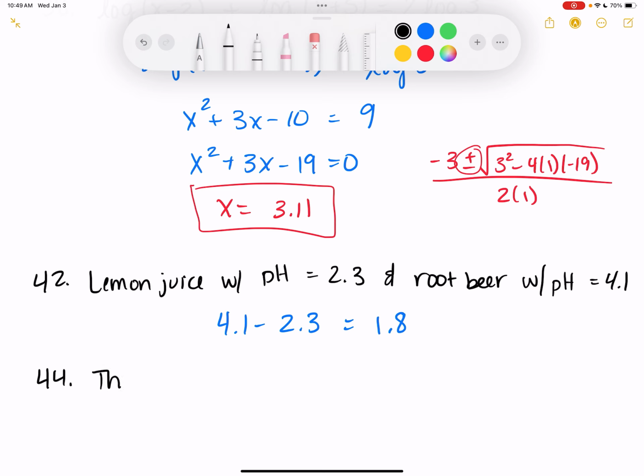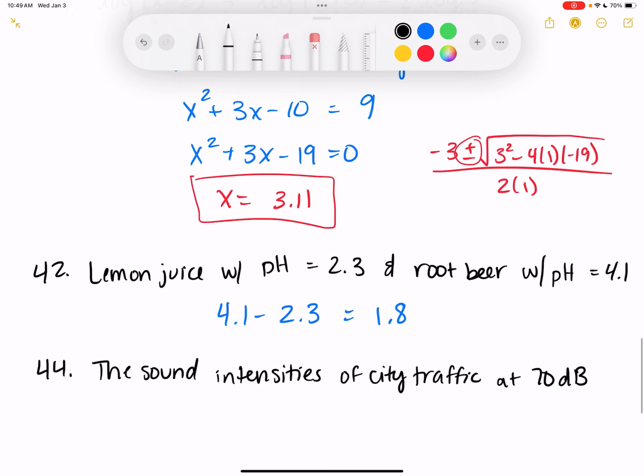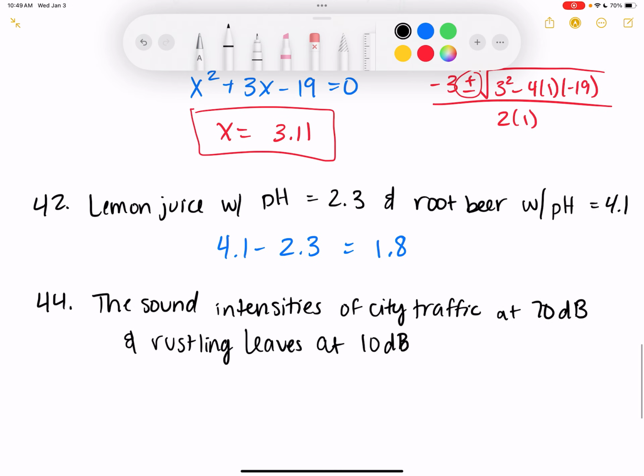says the sound intensities of city traffic at 70 decibels, which is what dB is, and rustling leaves at 10 decibels. So we still do this the same way.